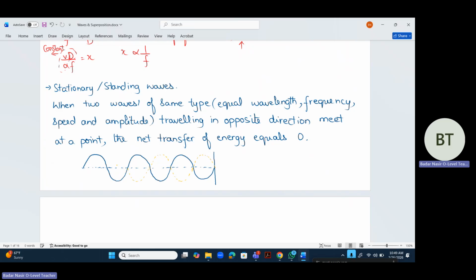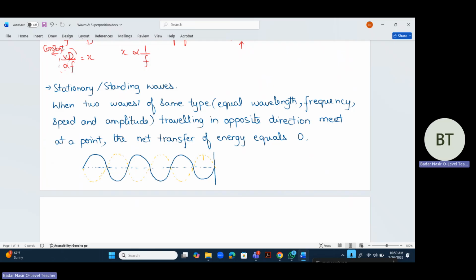So you can see these waves are traveling in the opposite direction. एक आगे की तरफ है, तो लेट्स से जब ये ब्लू वेव वापस रिफ्लेक्ट हुई है तो ये पाथ अडॉप्ट कर रही है. So what happens? The net transfer of energy becomes zero.